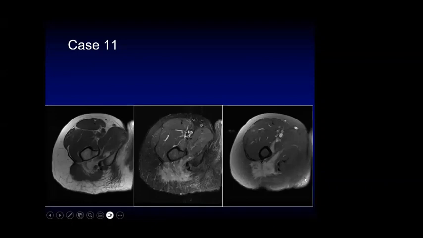What do you say about the boundaries of the tumor? Infiltrative, yes.